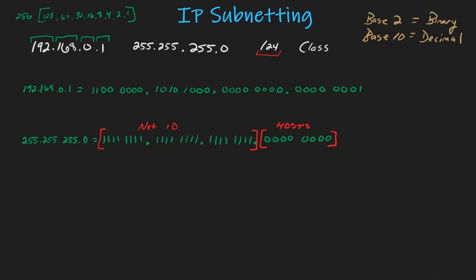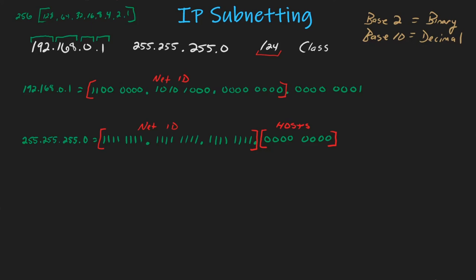That means that the first 24 bits represent our network ID. So if these bits are different, then it's a different network. It's a different subnet. So if we look up here at our address and we actually convert this to the address, we know that these bits now are network ID.